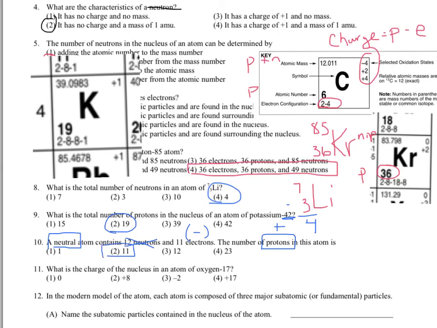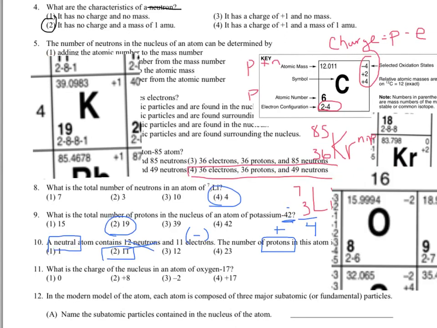The next question asks us to look at oxygen 17. So again, it's essential that we find oxygen on our reference table. Now, oxygen 17 means that this number, instead of being approximately 16, is actually 17. Now, we're asked to look at the nucleus.